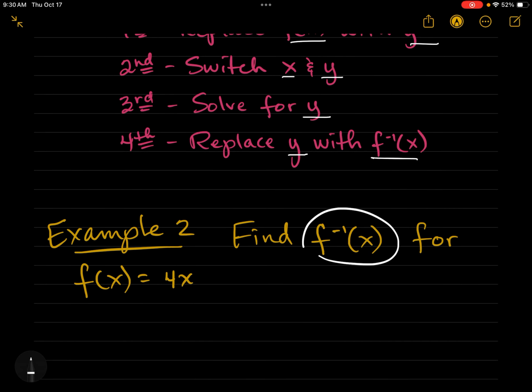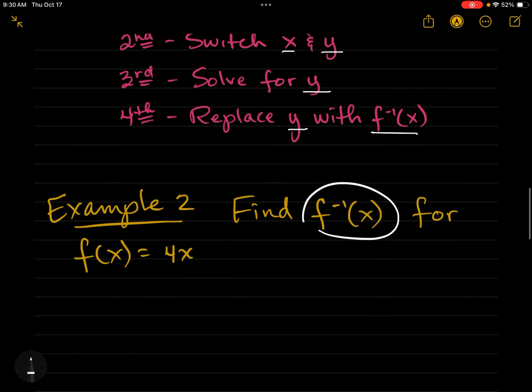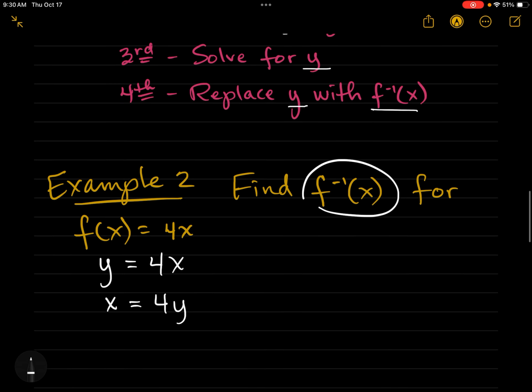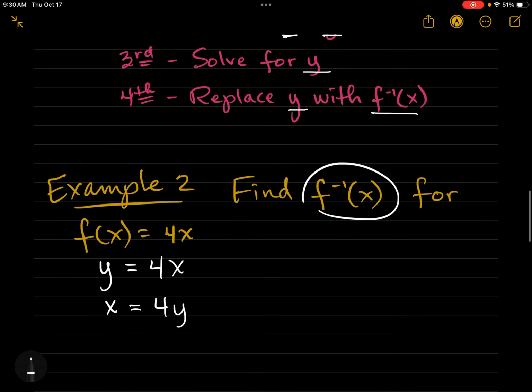So we're going to find the inverse of this function. So I'm going to take f of x and replace it with y. That's step 1. Step 2 says switch x and y. So make that an x, make that a y. Now I'm going to solve for y.